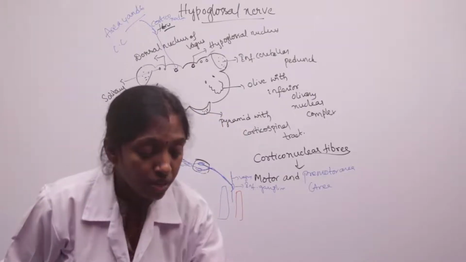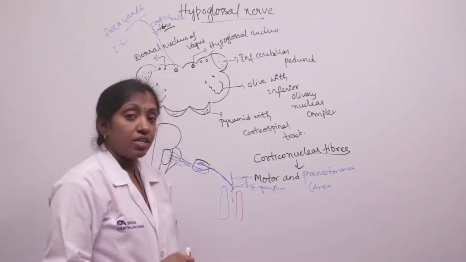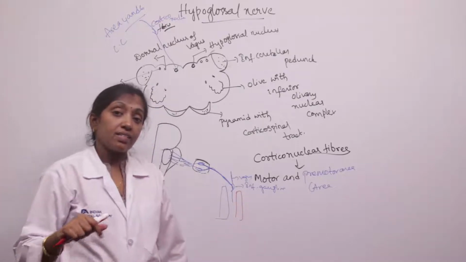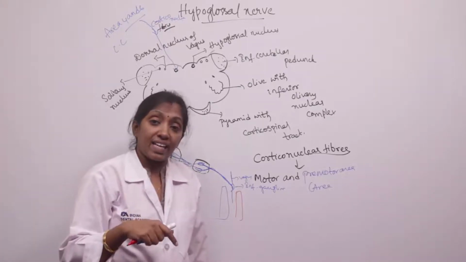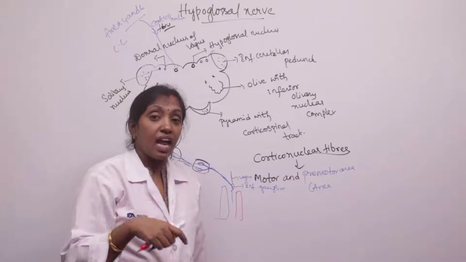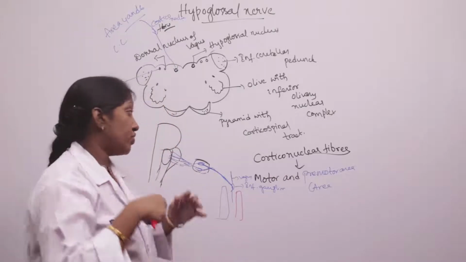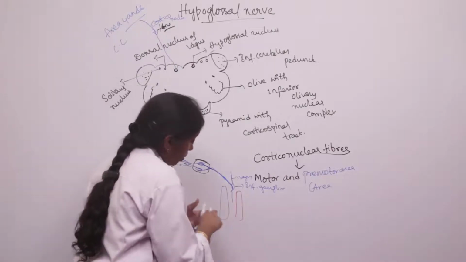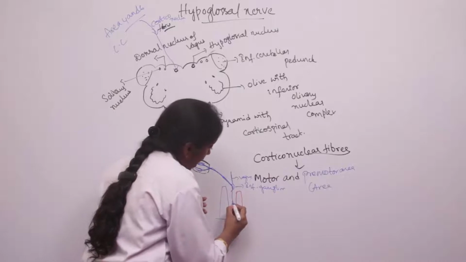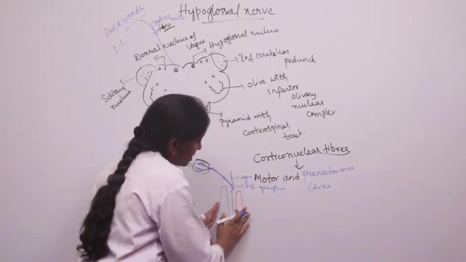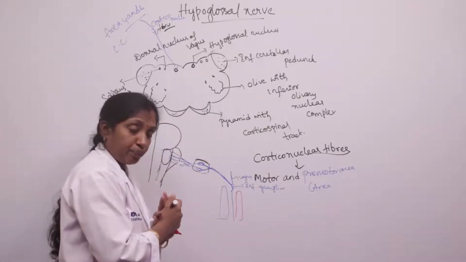So, the hypoglossal nerve descends downwards, and here it pierces the posterior belly of digastric as well as the stylohyoid muscle, and it enters the carotid triangle, between the internal jugular vein and the internal carotid artery.